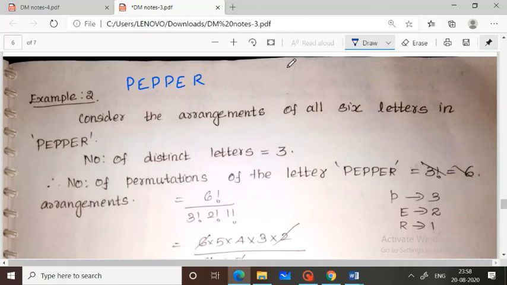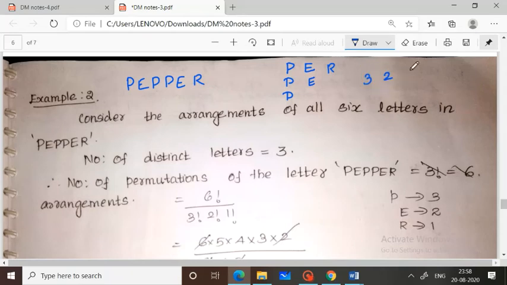I'm writing like this. First letter P. Now E. Next letter, now again P. So I'm writing below this P. Again P. Now I'm writing here again E, right below E. Now R. That means how many times?